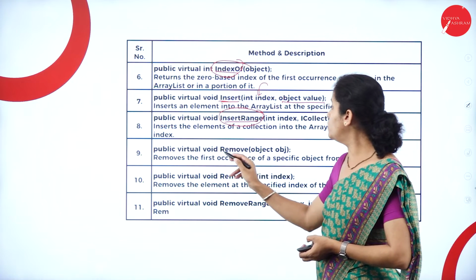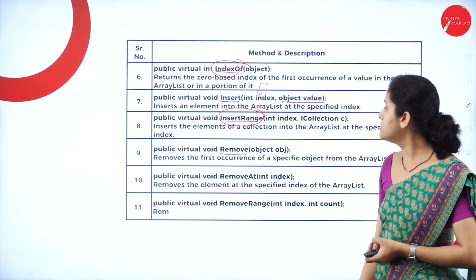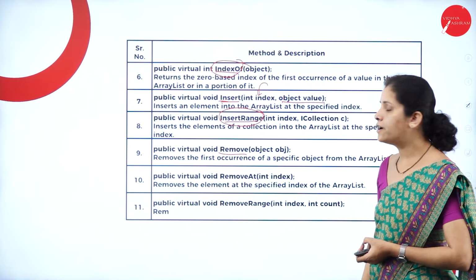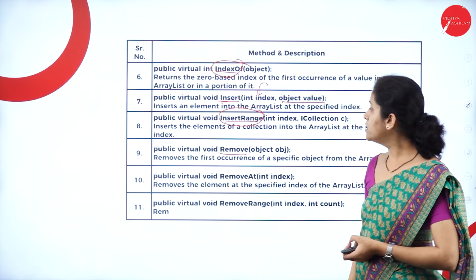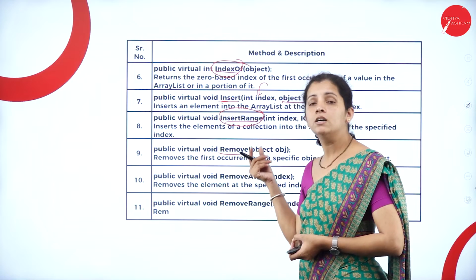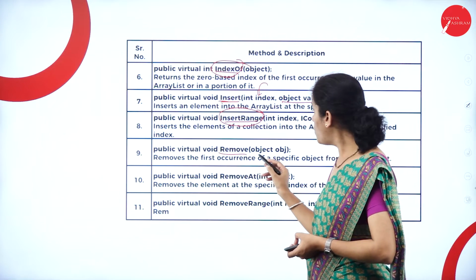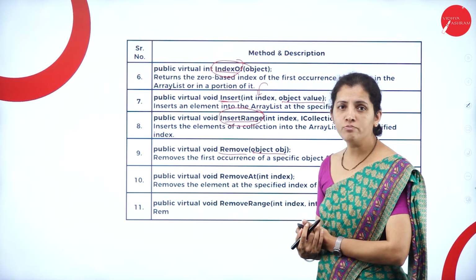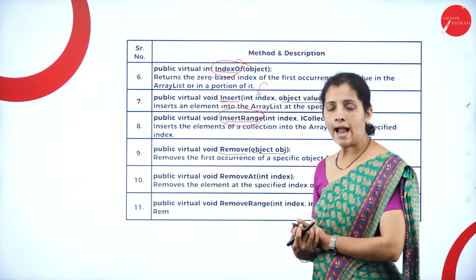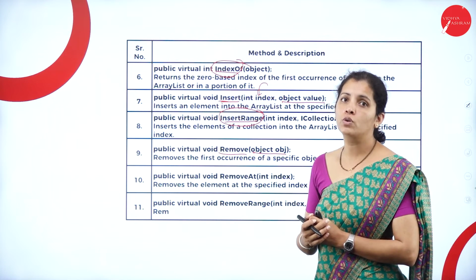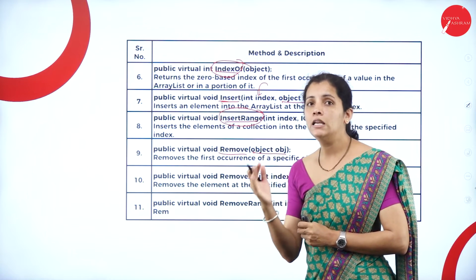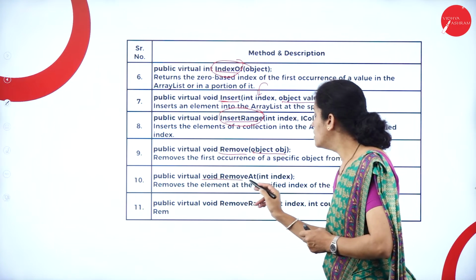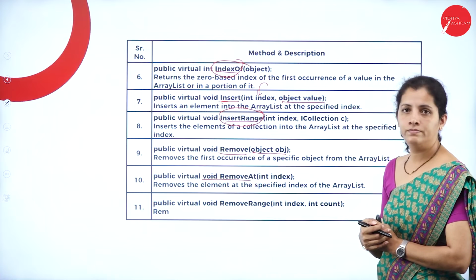And Remove. Remove removes the first occurrence of the specified object. So dear student, if I consider the Remove method, what do I pass? I pass an object that indicates which object I want to remove from the array list. Now RemoveAt.